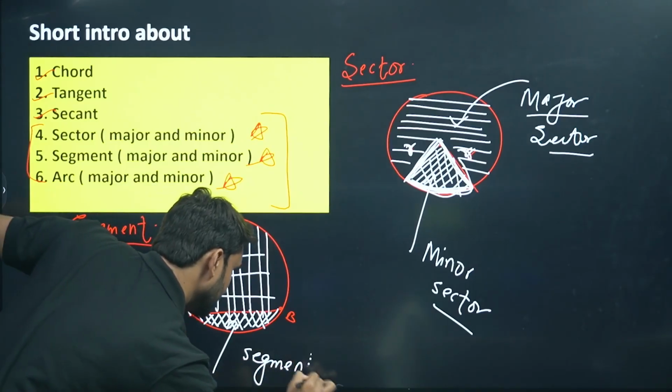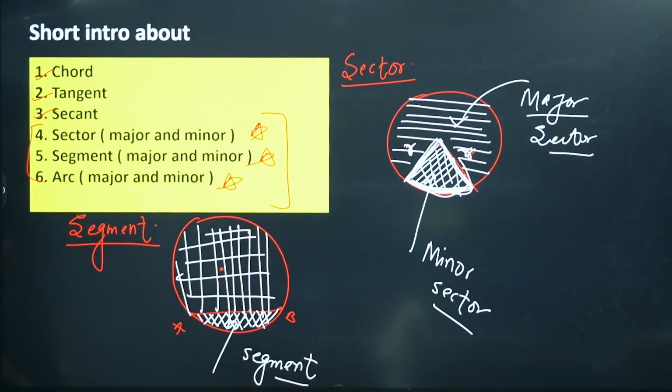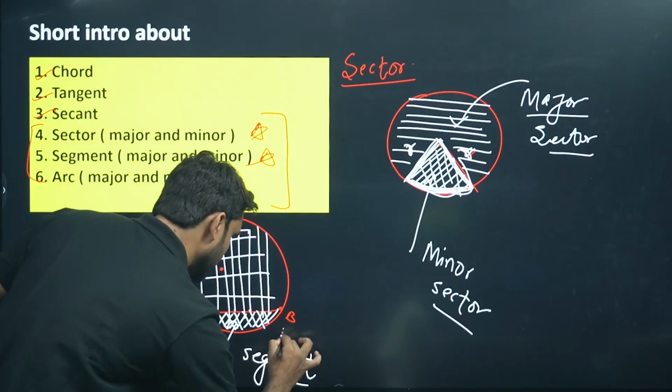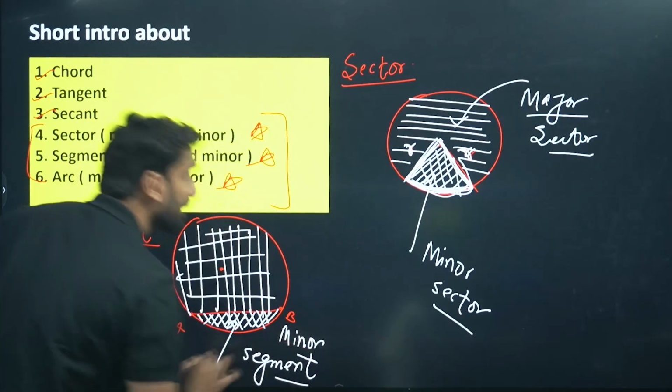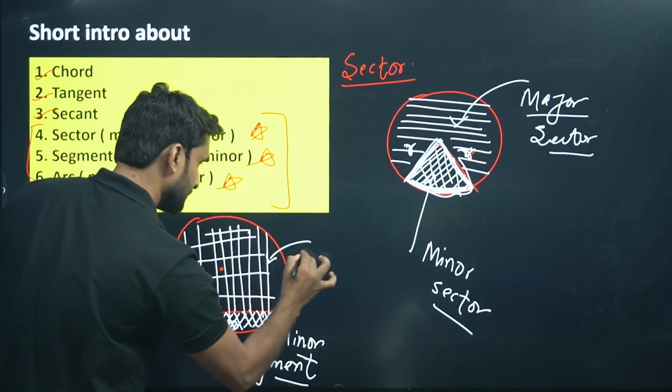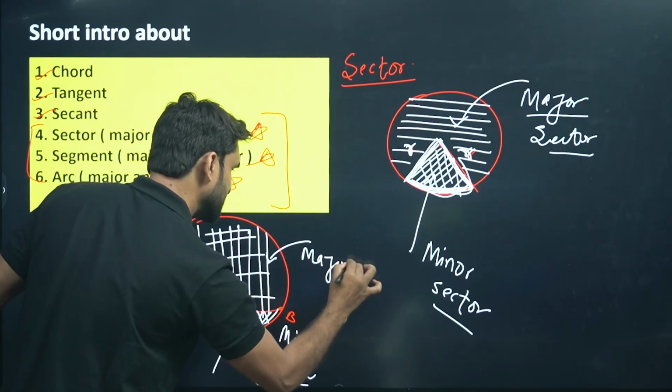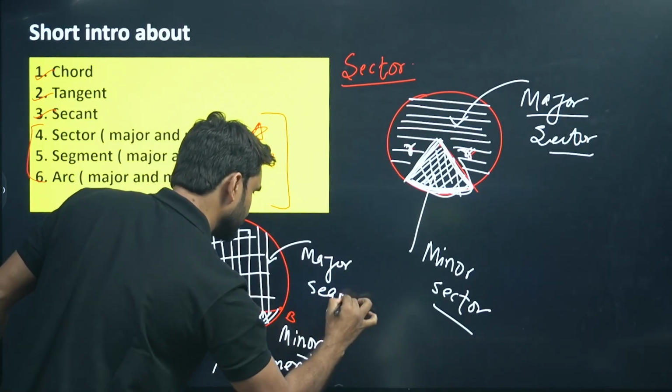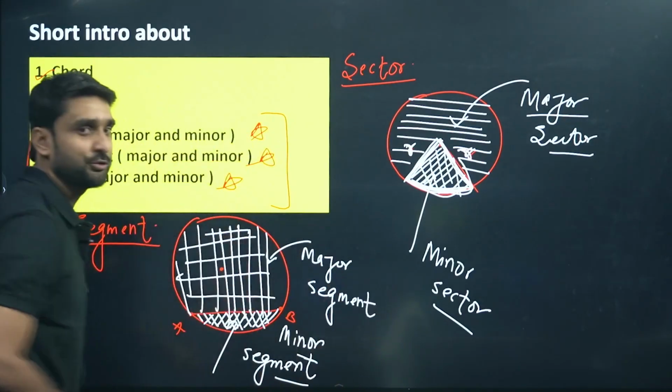So nothing is challenging here. The smaller segment is called the minor segment, right? And this is called the major segment. The bigger portion is called the major segment and the smaller portion is called the minor segment.